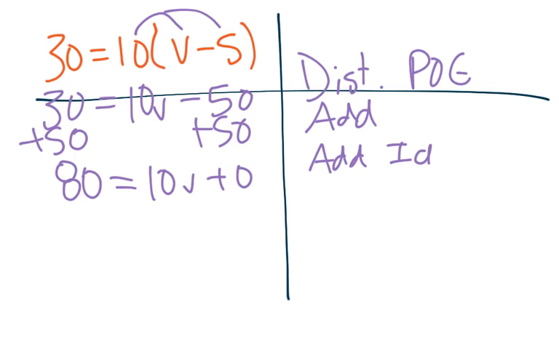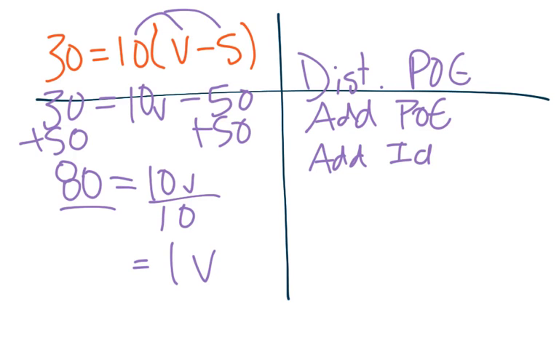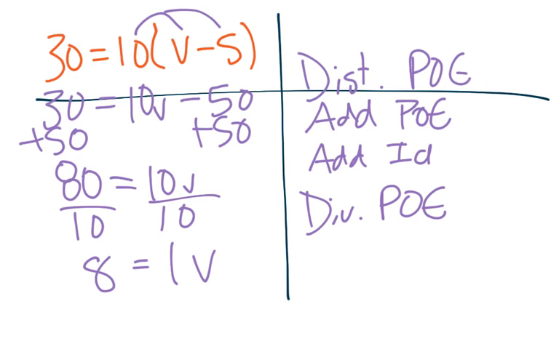And we also use the addition property of equality there. Then we divide by 10, giving us 1v equals 8. Use the division property of equality, then using that multiplicative identity, we just get rid of the 1.